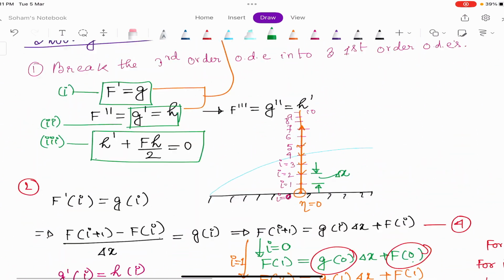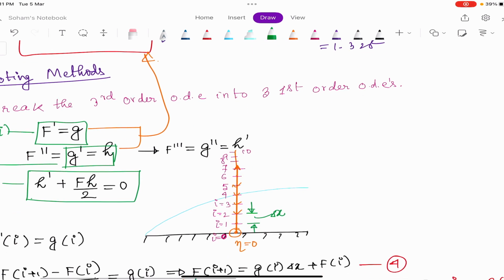At eta equal to 0, let me start with the actual physical variables. So now the initial conditions are the same as the boundary conditions for the actual problem.